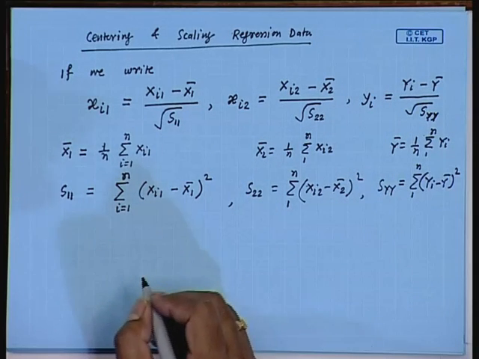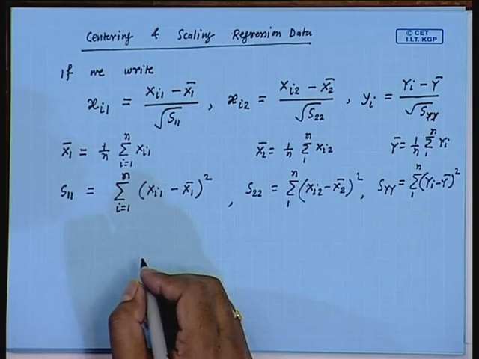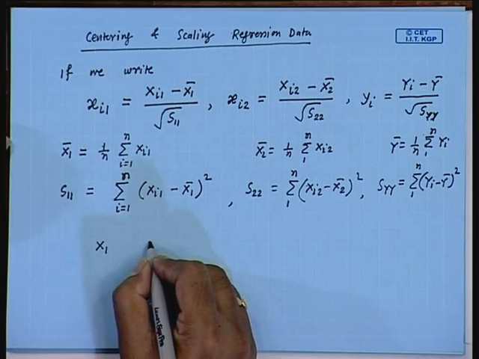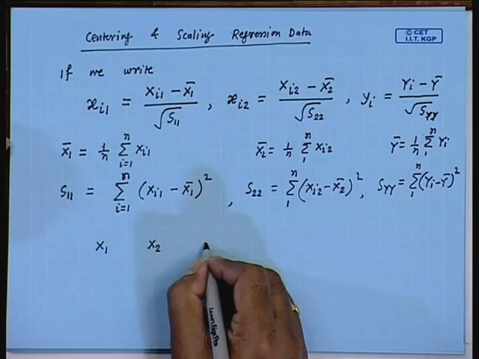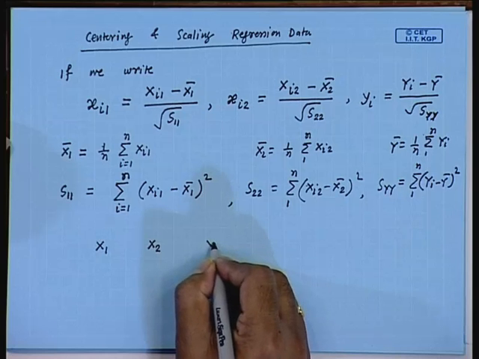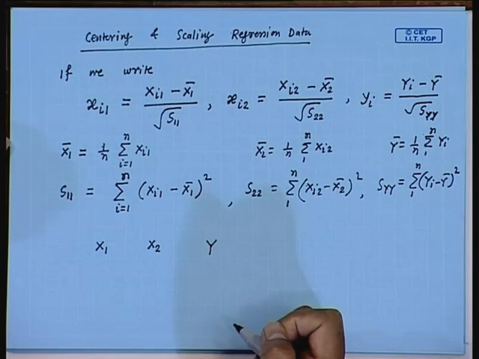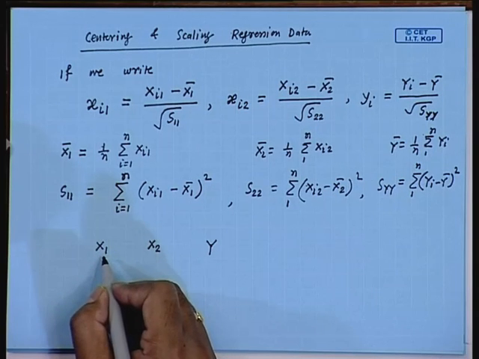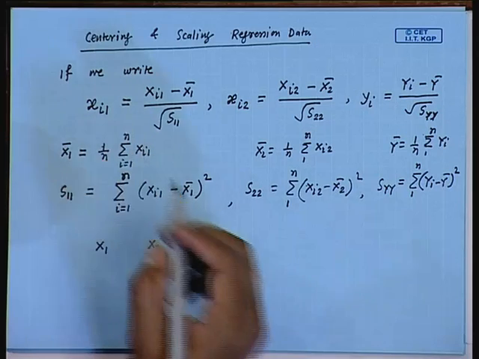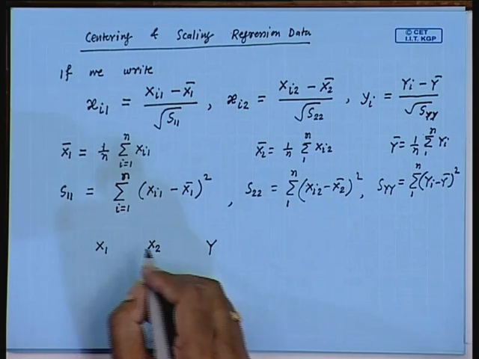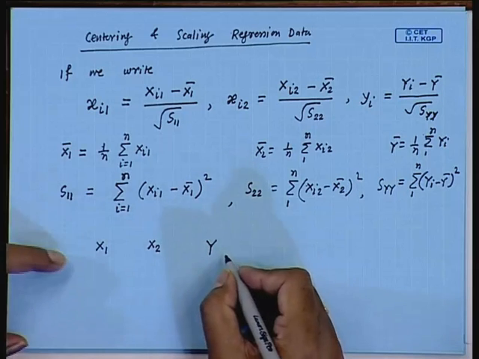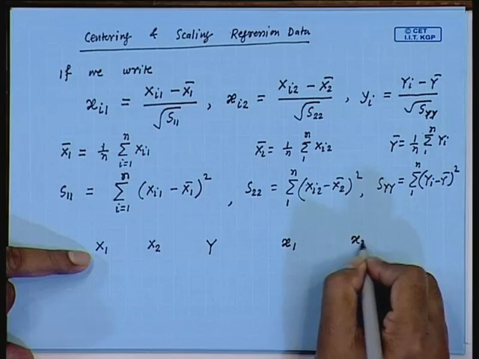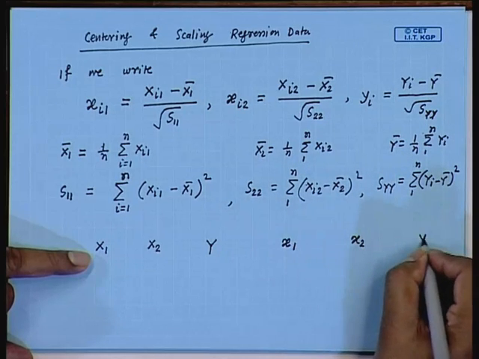Okay, so what I did here is that my original data is x1, x2 and y, and then what I am doing is that I am replacing this x1 by small x1, small x2, just notation only, and then small y.